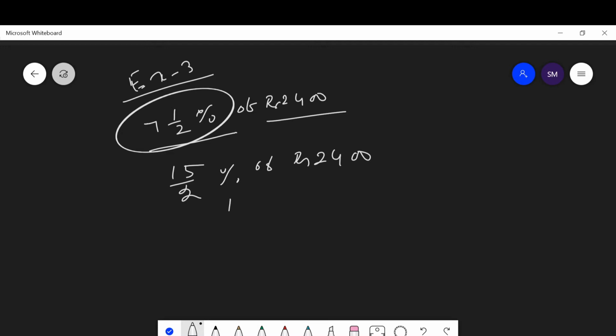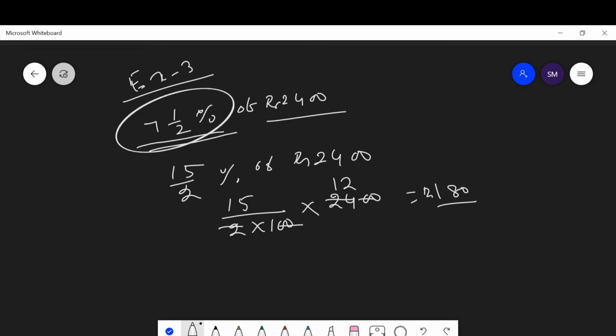Then 15 upon 2% means write the denominator 100. Then this 'of' means multiply. This is 2400, the zeros cancel. 2, this is 12, which is equal to rupees 180. 7 whole 1 upon 2% of rupees 2400 is rupees 180.